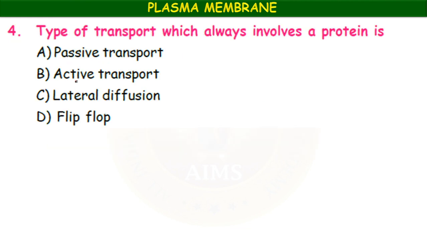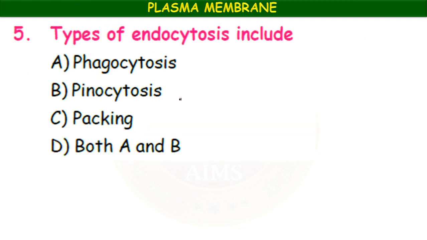The type of transport which always involves a protein is... What is the transport? Active transport, passive transport, lateral diffusion, or flip flop. It is the active transport which always involves a protein. The types of endocytosis include phagocytosis, pinocytosis, packing.